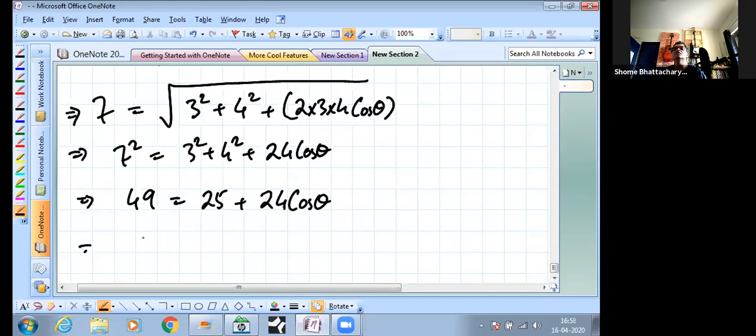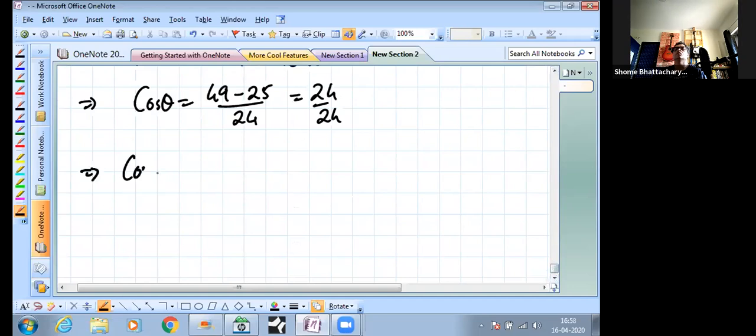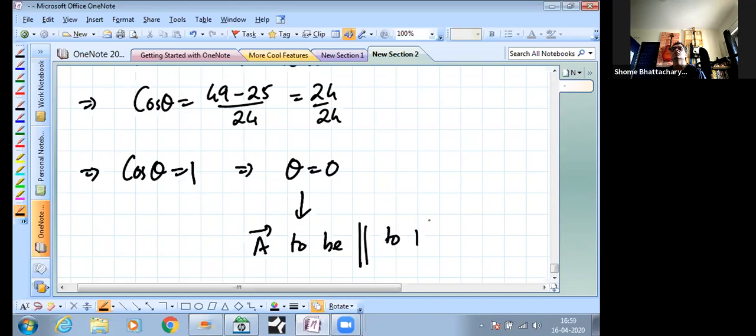Interestingly, this will give you cos theta as 49 minus 25 divided by 24, which is 24 divided by 24, which is cos theta equal to 1, which, as you all know, happens when theta is equal to 0. So that is the condition for A to be parallel to B. Okay, the vectors A and B have to be parallel. So this is the formula based approach of solving the same question.